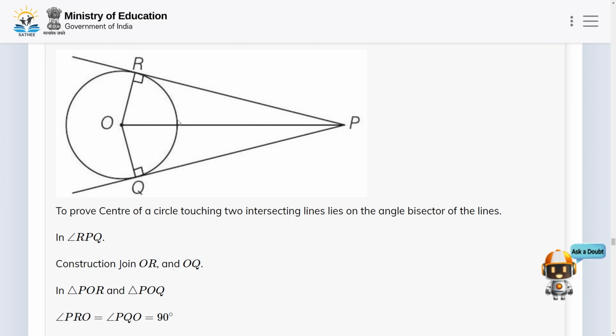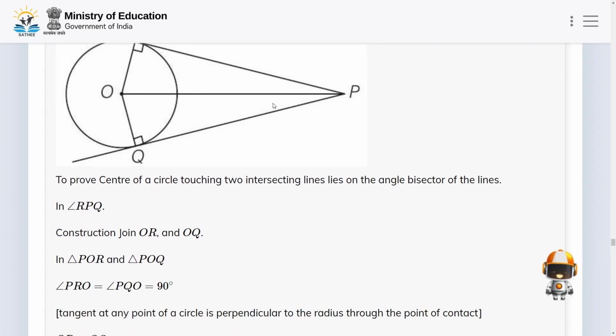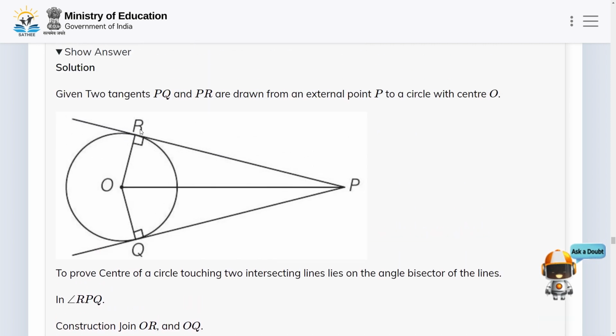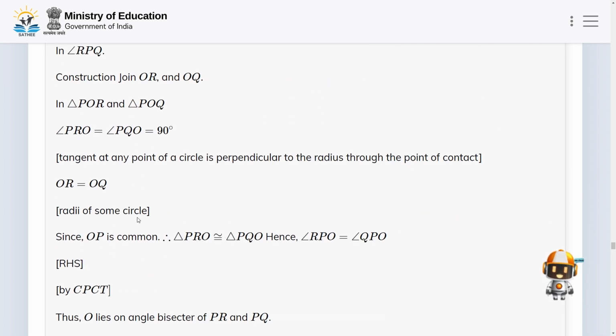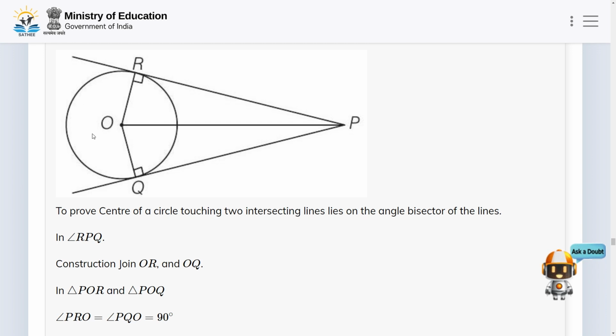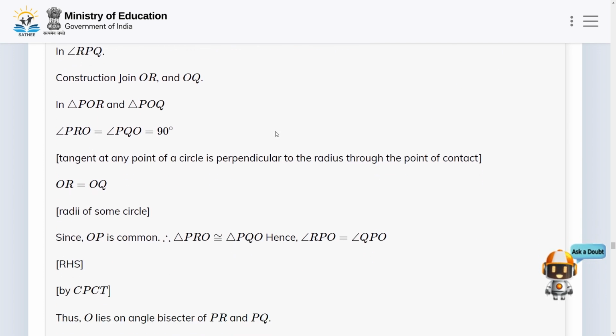In triangle POR and triangle POQ, angle PRO is 90 degrees since OR is perpendicular to RP, and angle PQO is equal to 90 degrees since OQ is perpendicular to PQ, as the tangent at any point of a circle is perpendicular to the radius through the point of contact. Therefore OR is equal to OQ, radii of the same circle, and since OP is the common side, triangle PRO is congruent to triangle PQO.